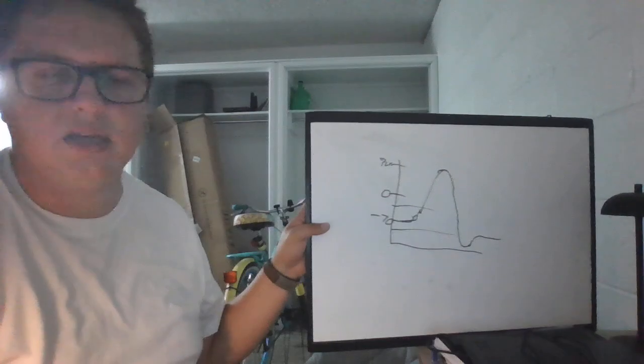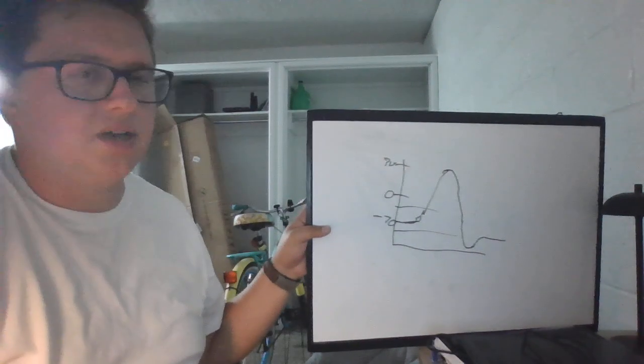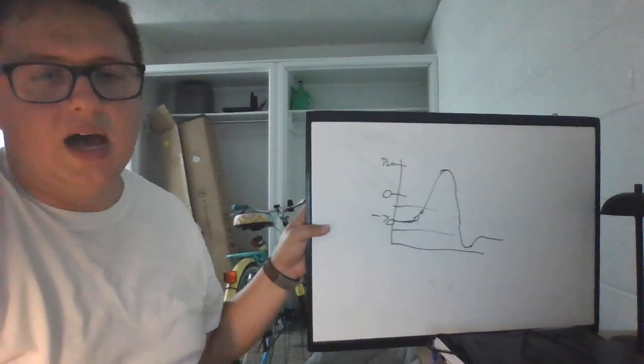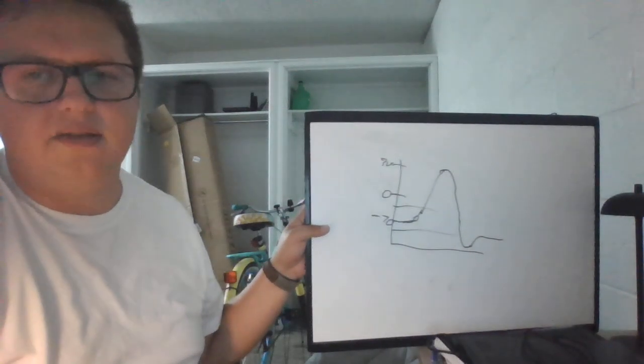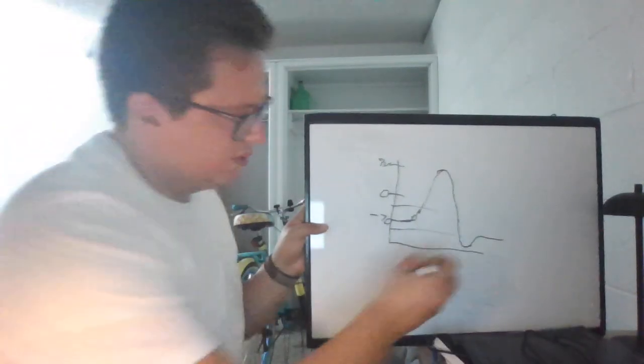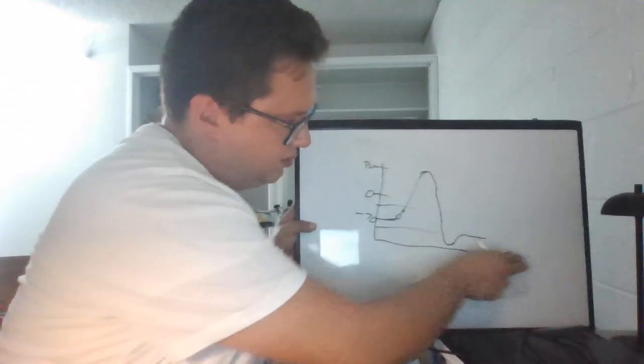There's something different called a graded potential. Graded potentials are very small and local, and they vary in size, and also fade over distance. So on this graph, we extend it.